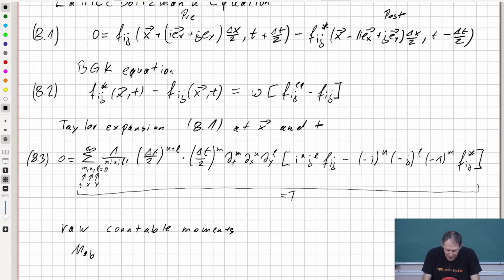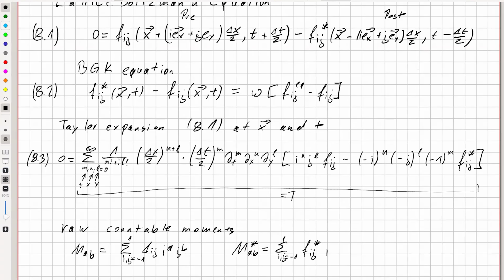So therefore, raw countable moments. Again, you have seen this many times now. We sum from -1 to 1 over F_ij, i to the power of a, j to the power of b. And this is the pre-collision state, and we can also do the same thing for the post-collision state, which is simply the same thing just for the post-collision populations.